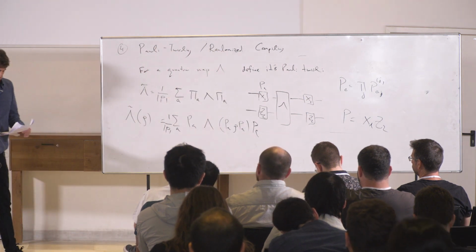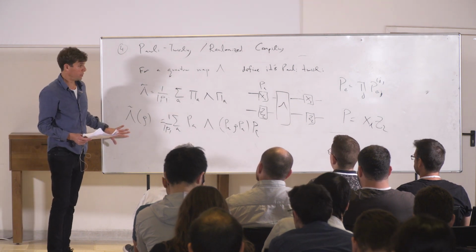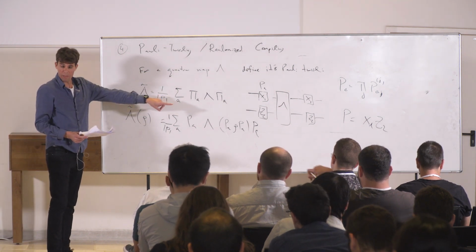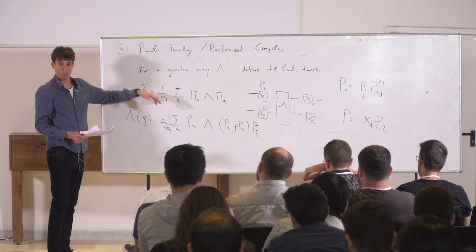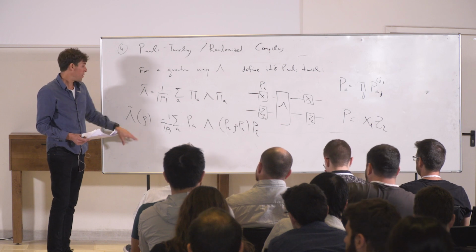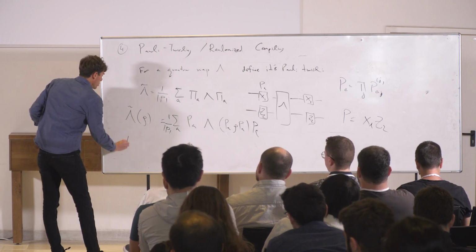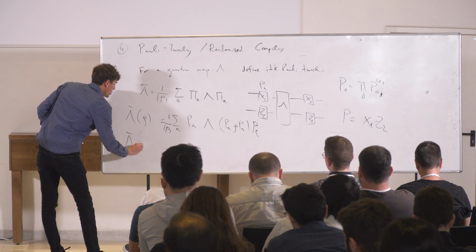The claim is that after I've sampled over all possible Pauli strings, I now have lambda tilde, this twirled version, which is a Pauli channel.